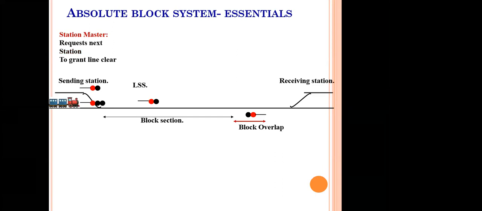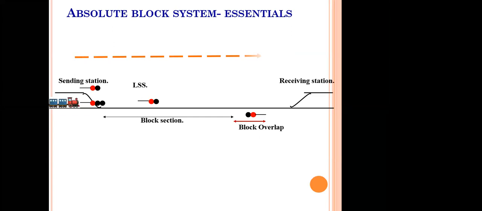Sir, I wanted to send a train to your station. Can you grant line clear? That is how the word line clear has come, associated with the block system. The station master of the sending station will request the receiving station master: I want to send a train, can you grant a line clear? He will send the message through the block instrument.